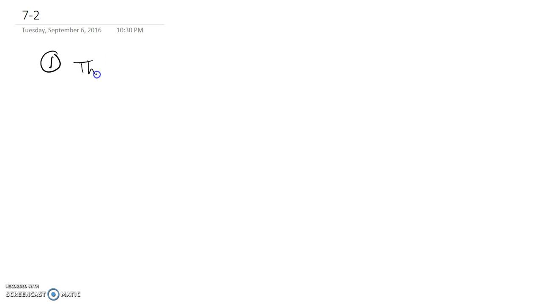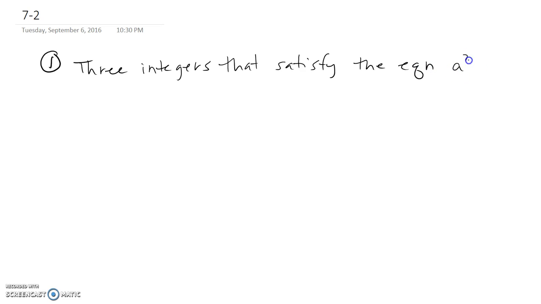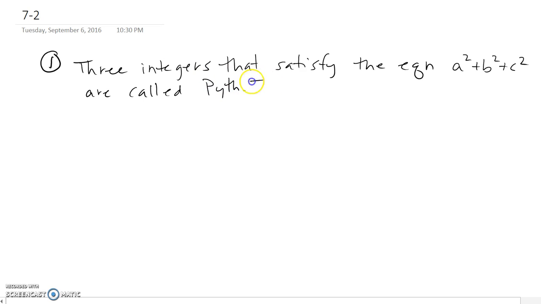So 3 integers that satisfy the equation a squared plus b squared equals c squared are called a Pythagorean triple.